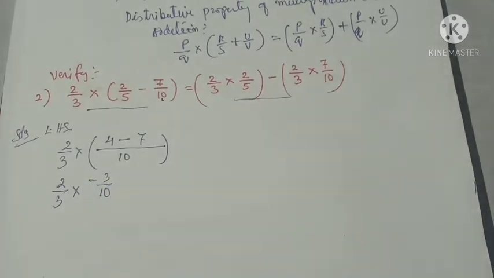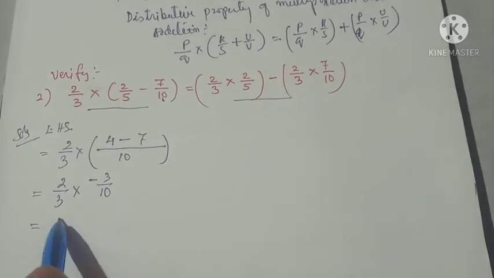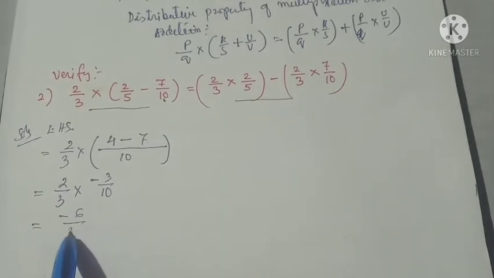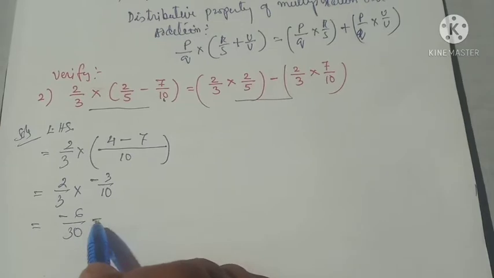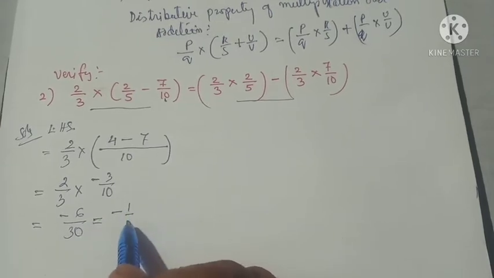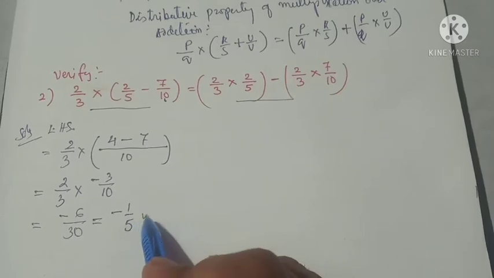Then the answer will be minus 6 by 30. If you divide by 6, then the answer will be minus 1 by 5. In the left hand side, we got the answer minus 1 by 5.